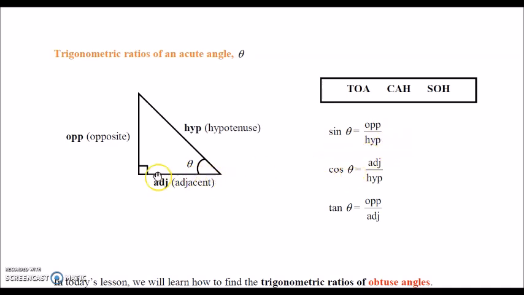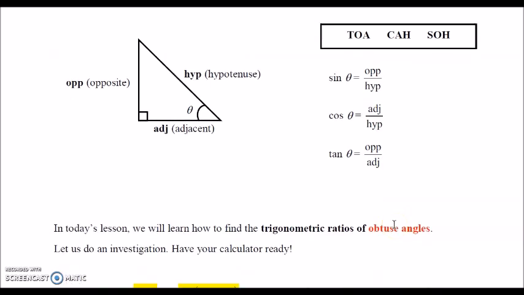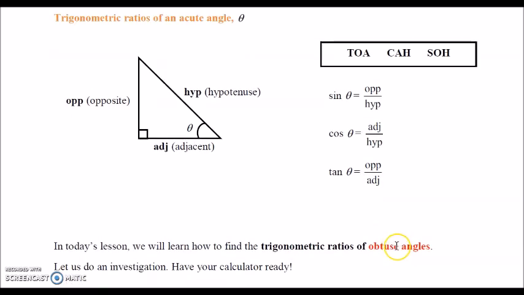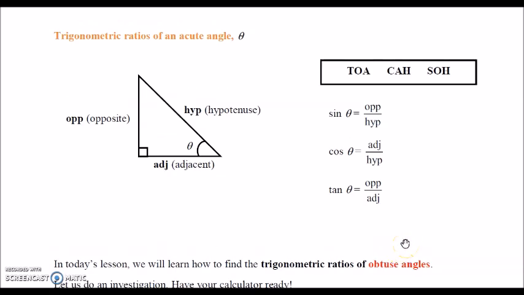If I want cosine theta, we look at CAH, so it's adjacent divided by hypotenuse. As for my tangent theta, it is TOA, so it's opposite divided by my adjacent. So in this lesson, we will learn how to find the trigonometric ratios of obtuse angles.